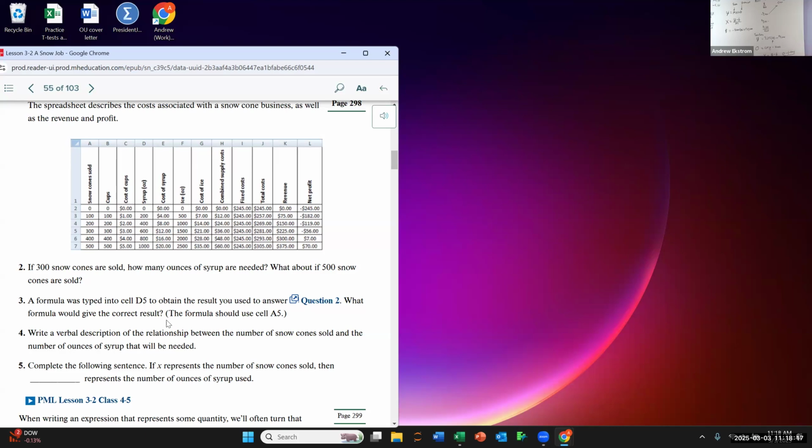Negative times a negative is a what value? Positive, right? Divided by $1.25. So this is going to be 5,000 divided by, sorry, $1.25.